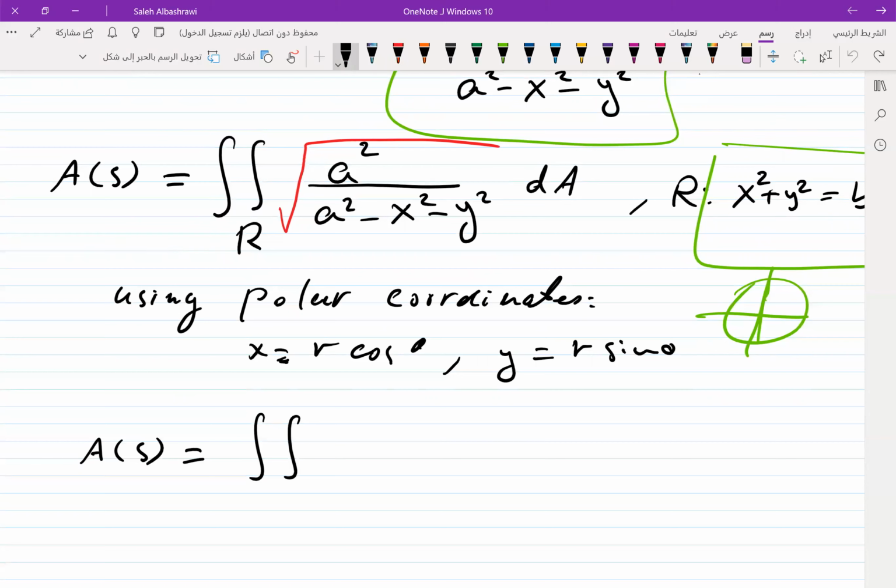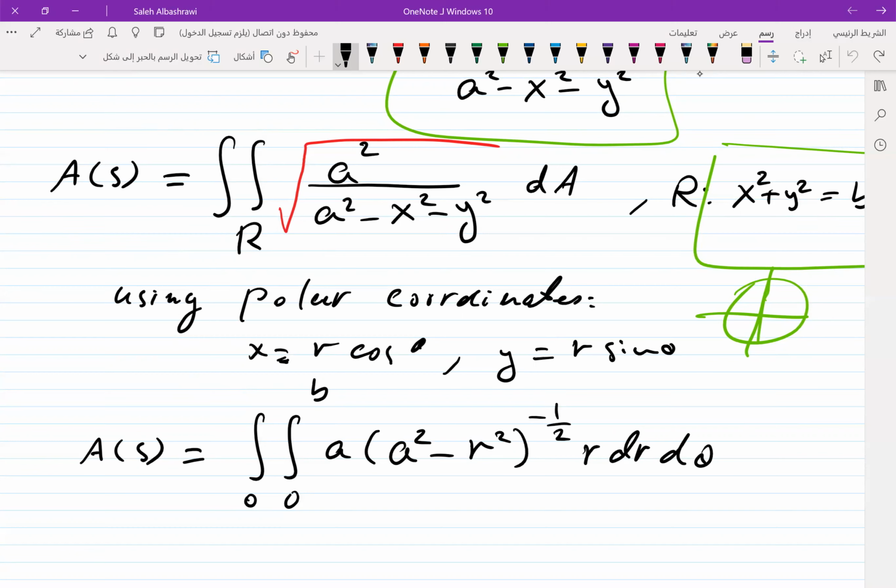Converting this to polar coordinates, the function is a multiplied by a squared minus r squared to the power minus 1/2, with r between 0 and b, and this should be r dr d theta, converting the Cartesian coordinates to polar coordinates, with r between 0 and b and theta between 0 and 2 pi.